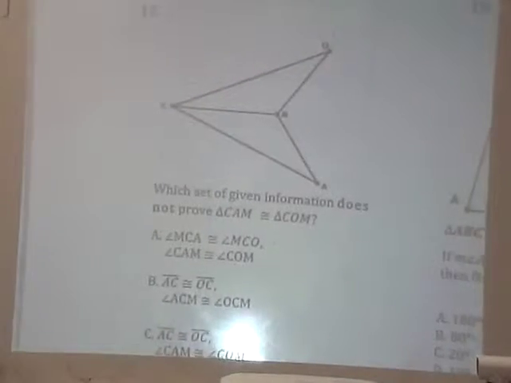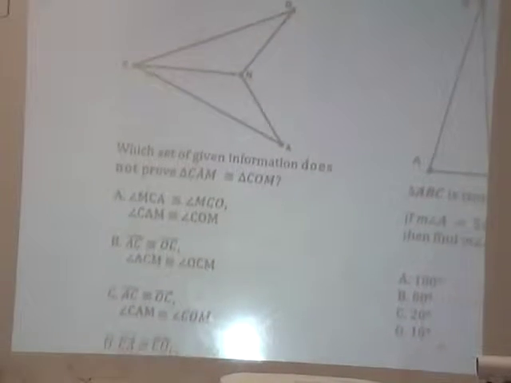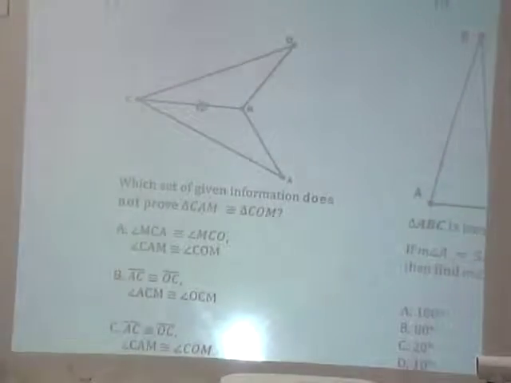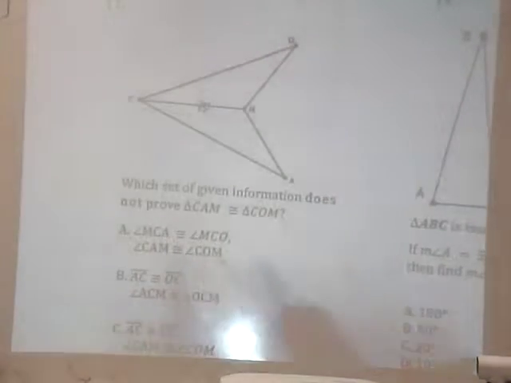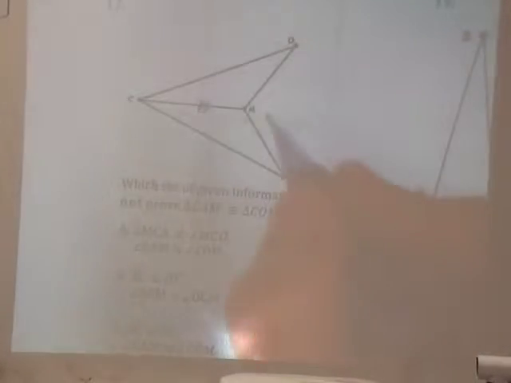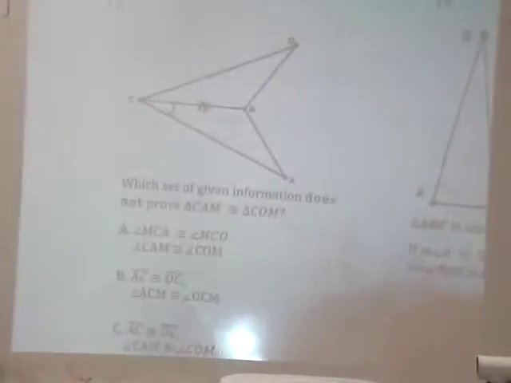All right, 17. Which set of given information does not prove the two triangles congruent? All right, we know CM is congruent to itself, right? Squiggly, reflexive. All right, let's see which one of these won't help us. Angle MCA, this angle here, is congruent to MCO, this one here.